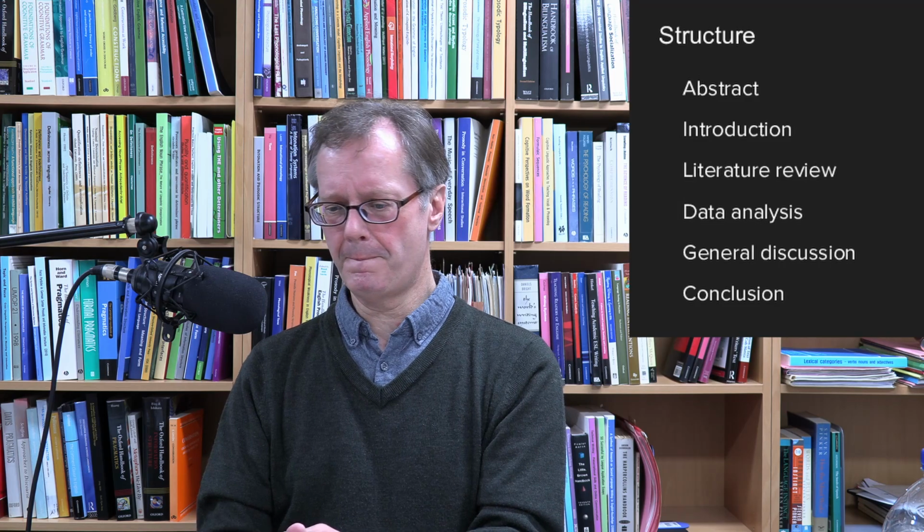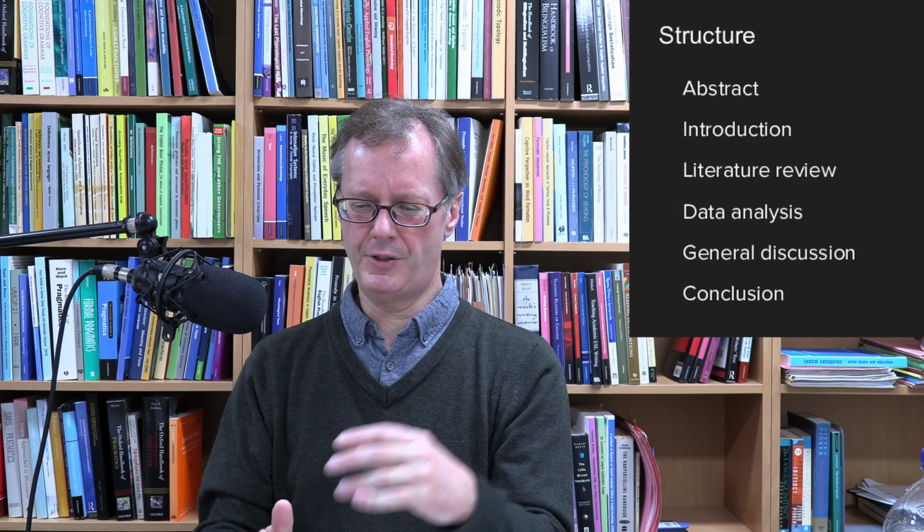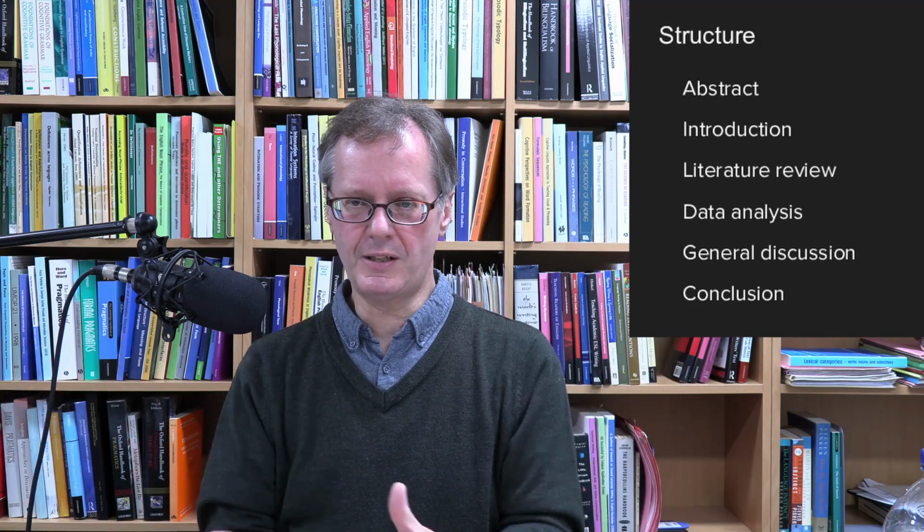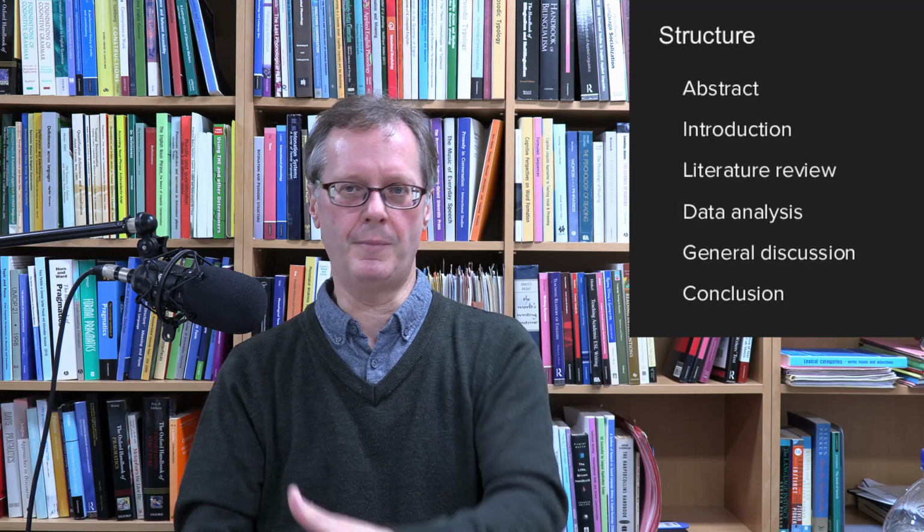Then there's usually a discussion or general discussion section. If it's more of a qualitative or theoretical paper where the writer has gone back and forth between examples and analysis, then there's a discussion section where the writer brings everything together and explains the main points.